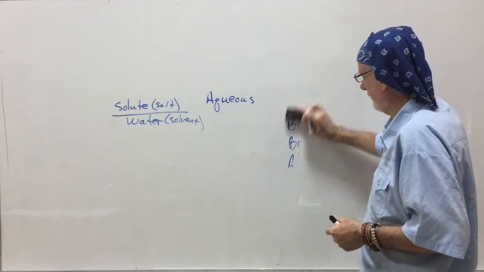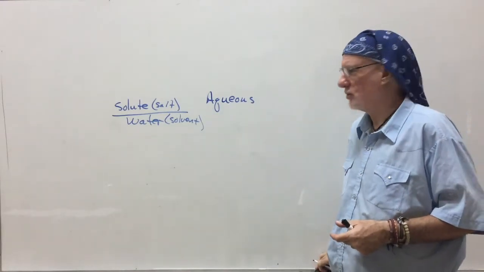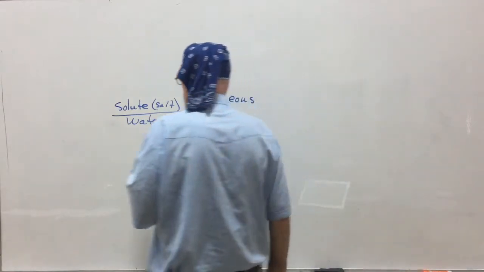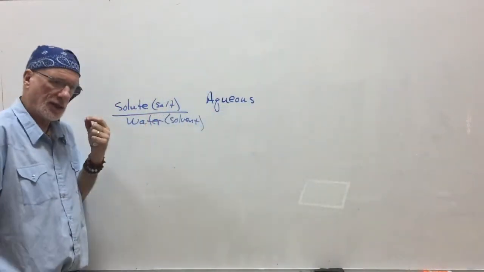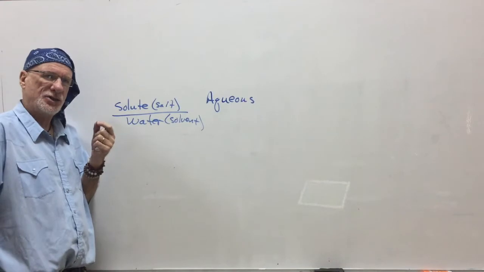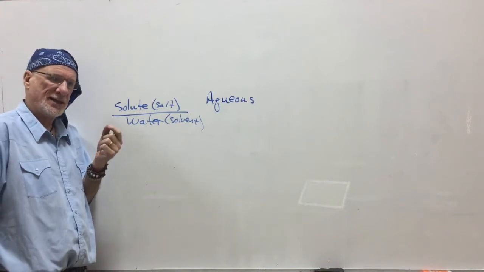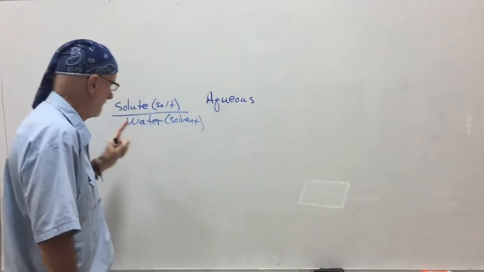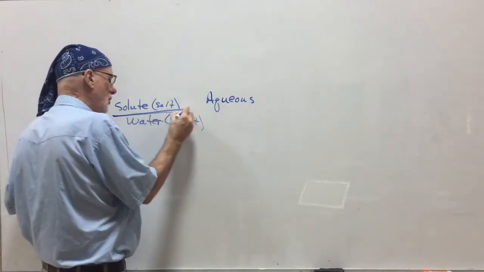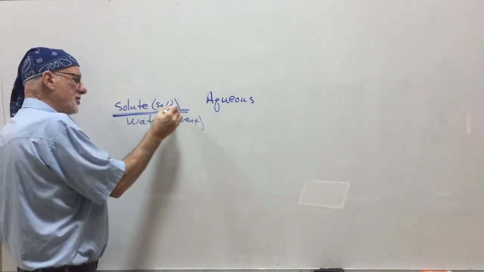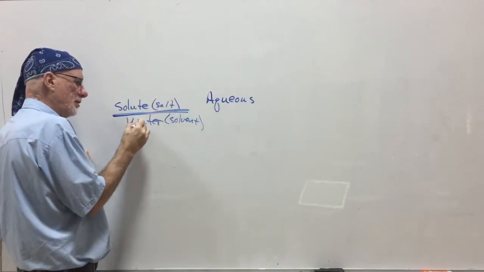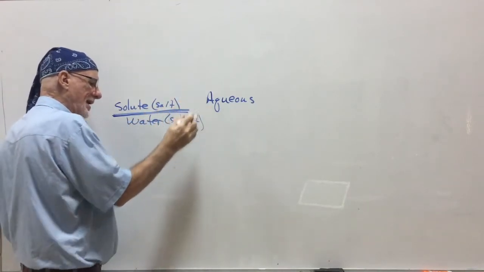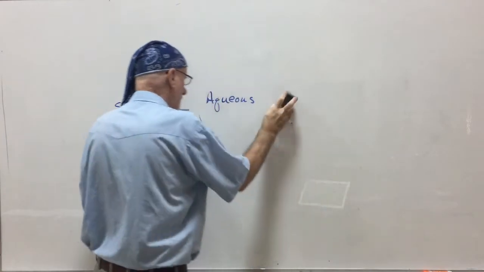The solutions that we're going to really key in on in chapters 15 and 16 are aqueous solutions. They're water solutions. So if I have a solute, say salt, in water, that's the solvent, that's an aqueous solution. Okay?